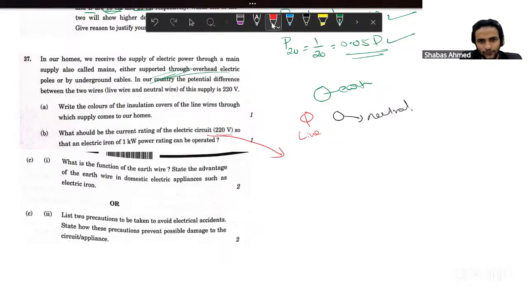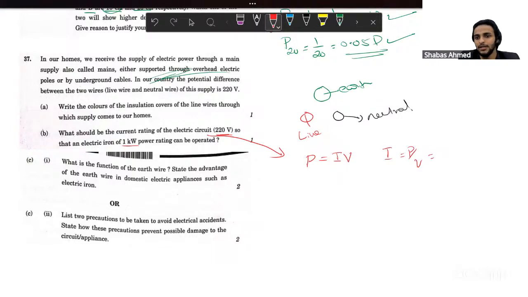What should be the current rating in the circuit of 220 volts so that the 1 kilowatt electric iron can be operated? Just find the power from that one. Yeah, very good. So we know power equal to IV, or I equal to P by V, right?